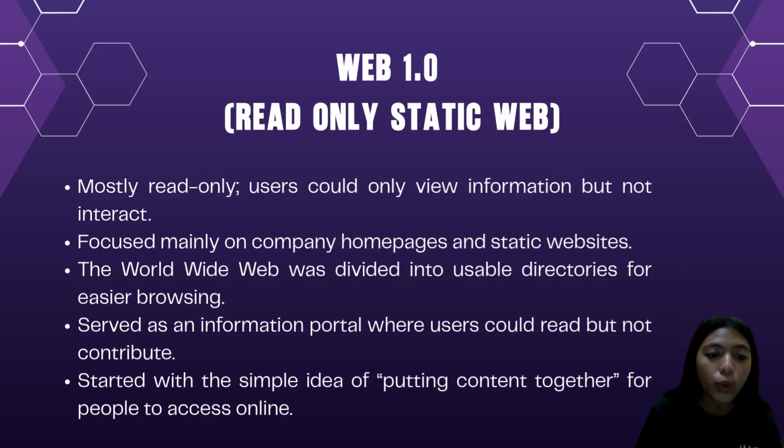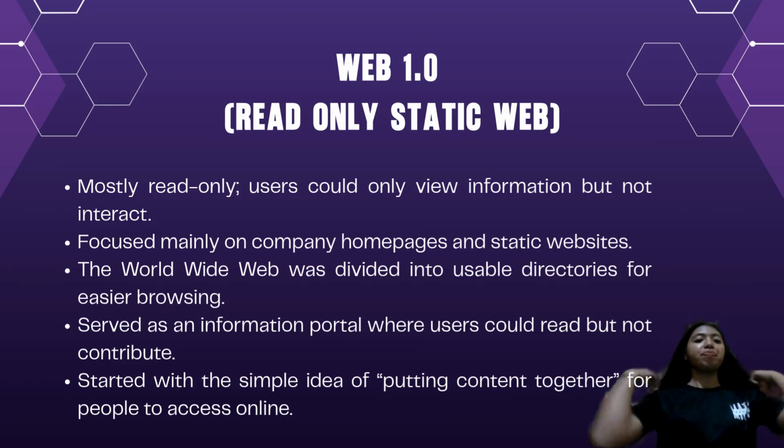Next is the World Wide Web was divided into usable directories for easier browsing. Back then, there were no powerful search engines like Google yet. Instead, websites were organized into directories like digital folders that group similar sites together by category.